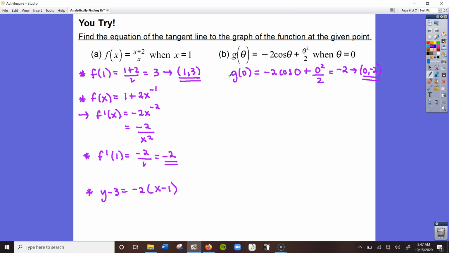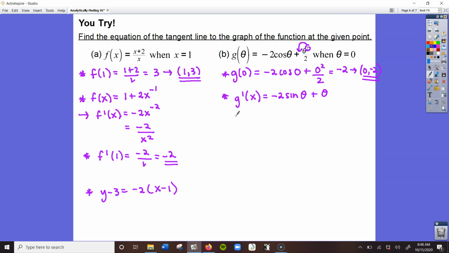Now I'm ready to find the derivative. So g prime of theta is going to equal negative 2 sine of theta, since the derivative of cosine is sine, plus, now if I just move the 2, right, and I'm multiplying it to the front, 2 divided by 2 is 1, so it would just be plus theta.